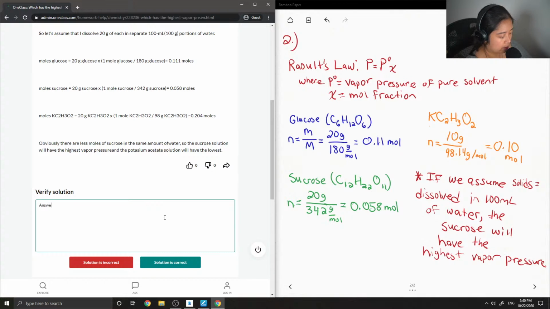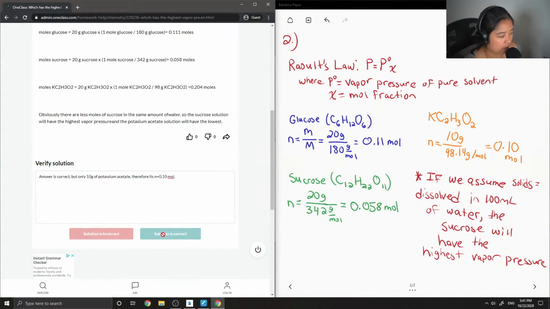Answer is correct. But there's only 10 grams of potassium acetate. n is equal to 0.10 moles. But the solution is still correct.